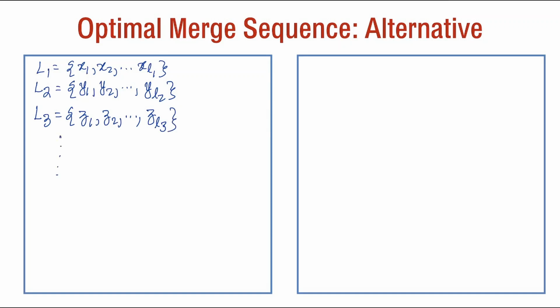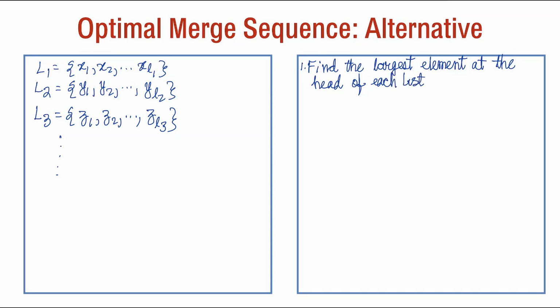What we will do is we will generalize that principle. Our principle will be: find the largest element at the head of each list.